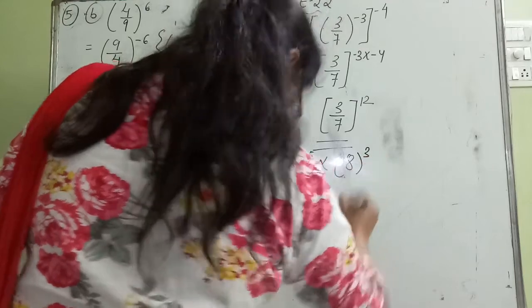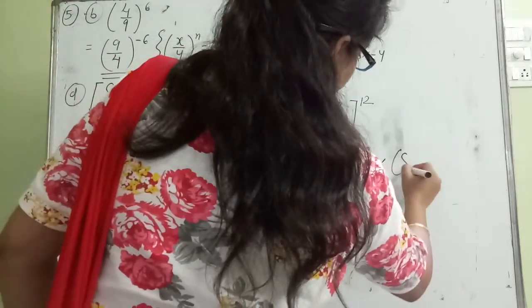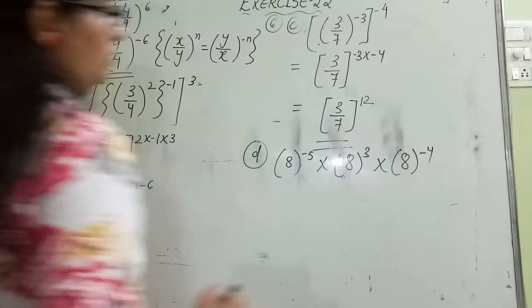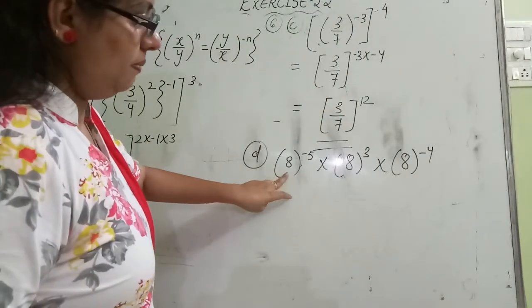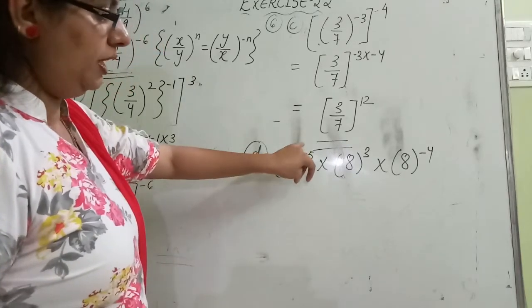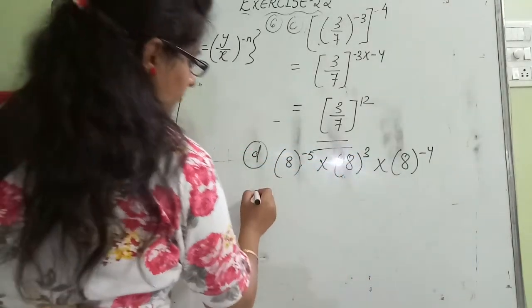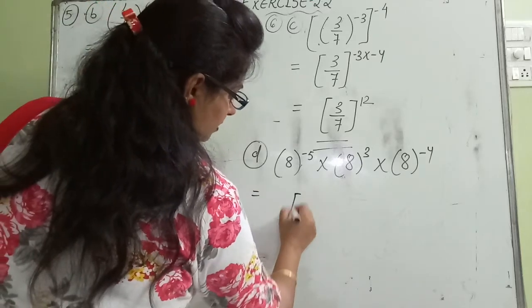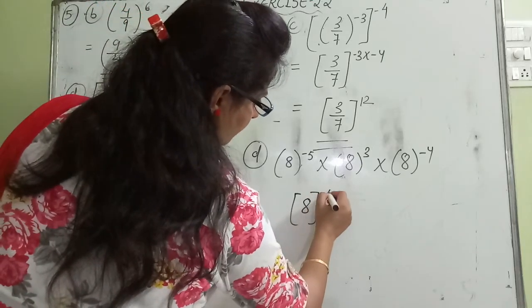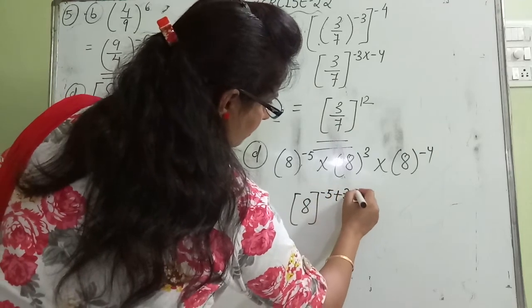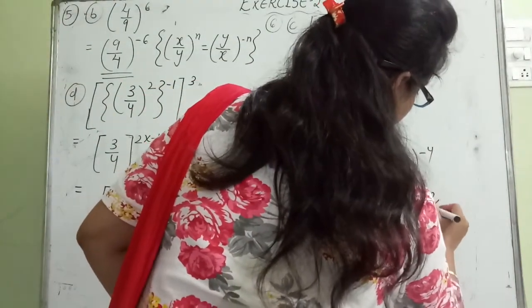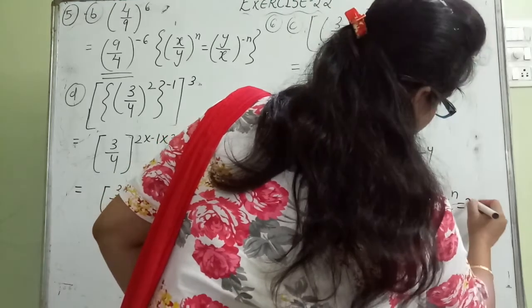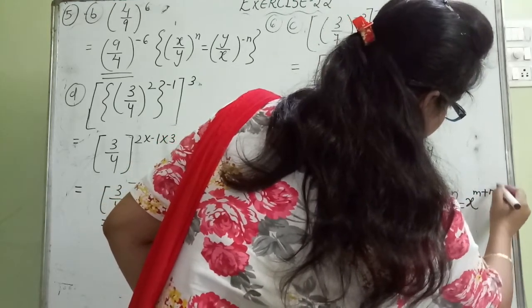8 raised to the power 3 into 8 raised to the power minus 4. Here what you can see, base is same, base is 8 and the exponents are minus 5, 3 and 4. When base is same, we can add powers. We can write it as 8 raised to the power minus 5 plus 3 plus minus 4. x raised to the power m into x raised to the power n is equal to x raised to the power m plus n.